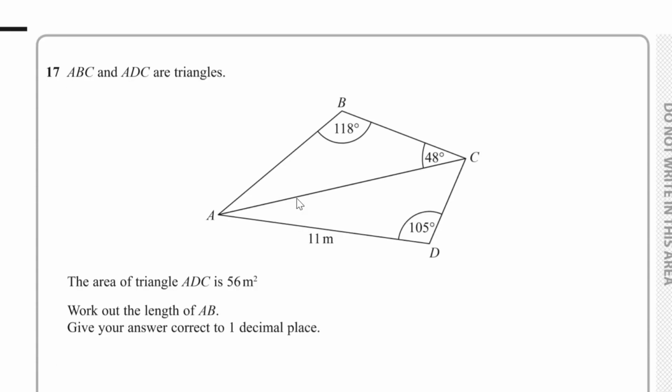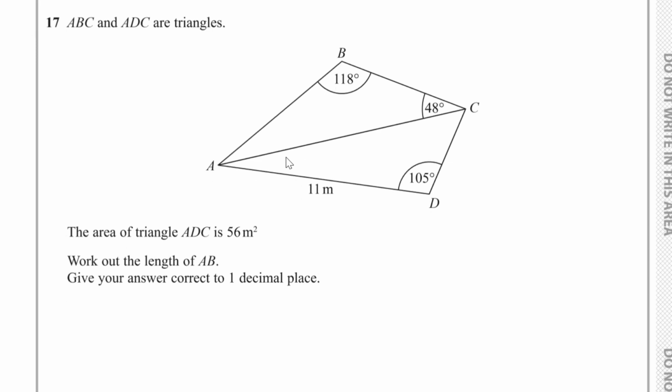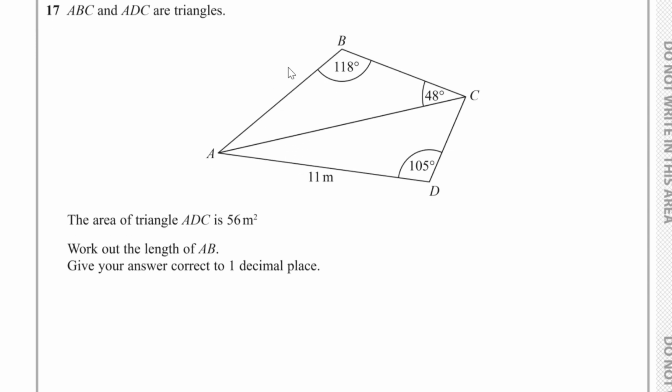Question number 17. ABC and ADC are triangles, that's what we see here. The area of the triangle ADC is 56 centimetres squared, and we have to work out the length of AB, giving our answer correct to 1 decimal place. Well, first of all, we can find the missing angle BAC.